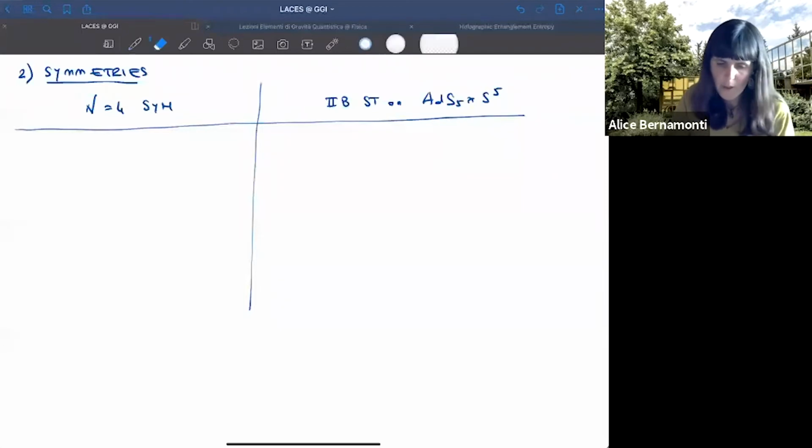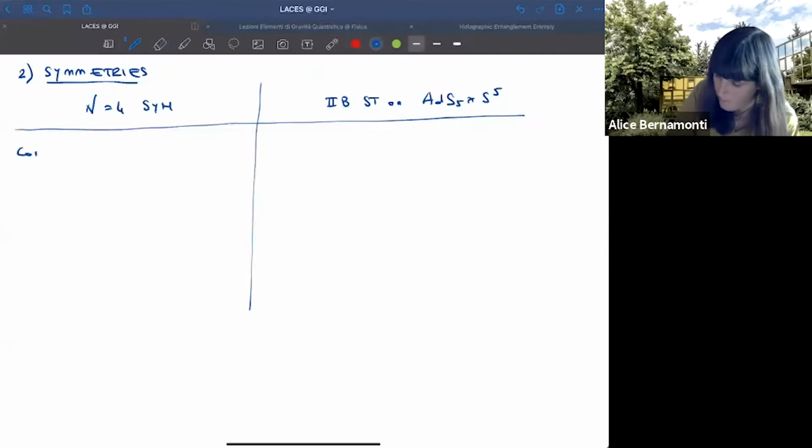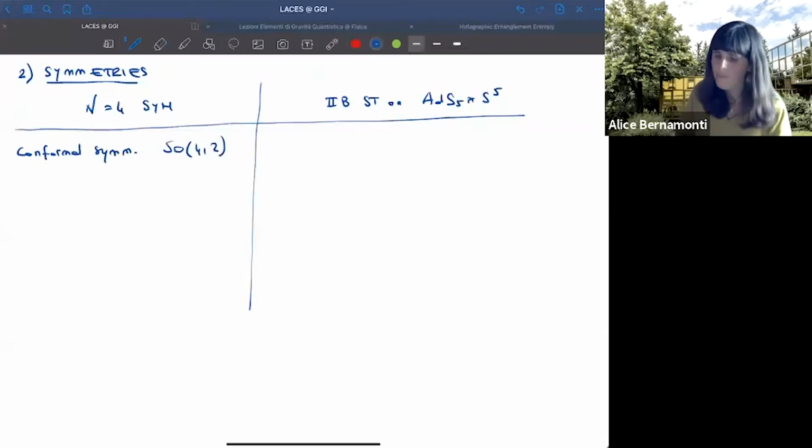We saw most of it already. For N equals 4 super Yang-Mills, we have a conformal symmetry, which is a global symmetry of spacetime, which is an SO(4,2).